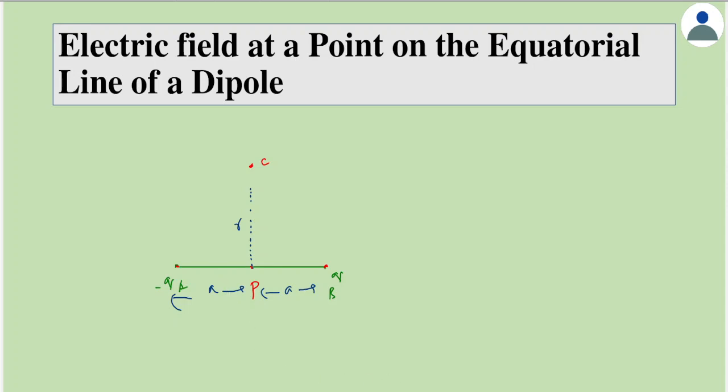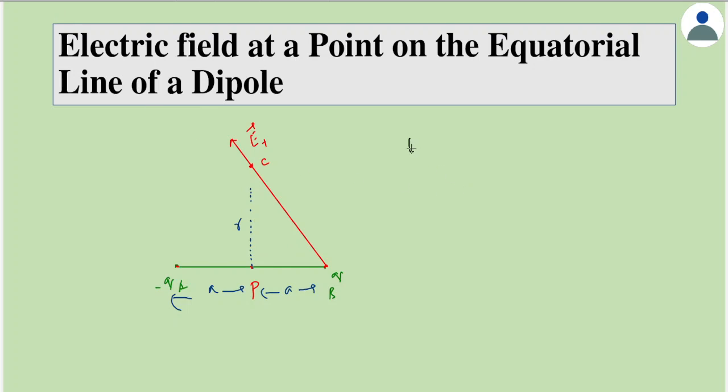So let's first find the field which the charge plus q creates. The electric field from the charge plus q will go out radially like this. Let us call this E suffix plus, as a vector quantity.